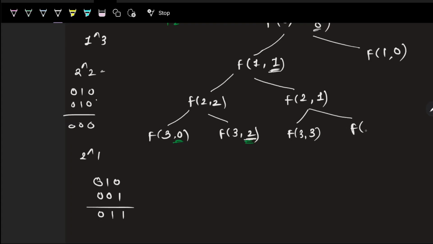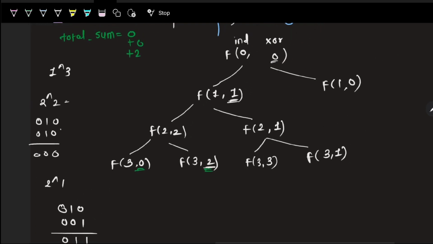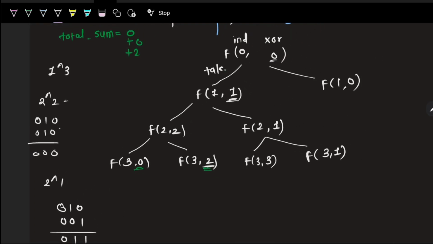I have choices. I will not take it, so I will go to the third index and keep it as it is. Take, non-take, right? So here is a take, here is a non-take. Same for the left side is a take, right side is a non-take. Correct? So again 3 and 1, so I will just add it into my answer. So plus 3 plus 1.